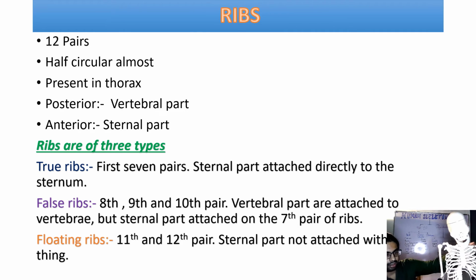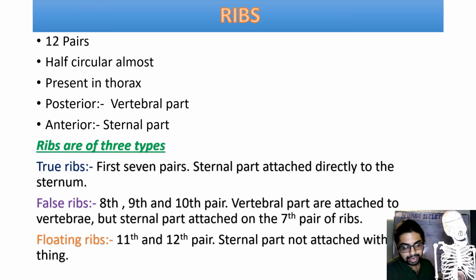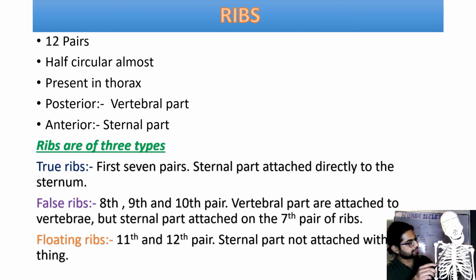Anterior to the ribs we have the sternum, that is the sternal part, and posterior to the thorax we have the vertebral part. So ribs are also categorized into 3 types: true ribs, false ribs and floating ribs. First 7 pairs, 1, 2, 3, 4, 5, 6, 7.